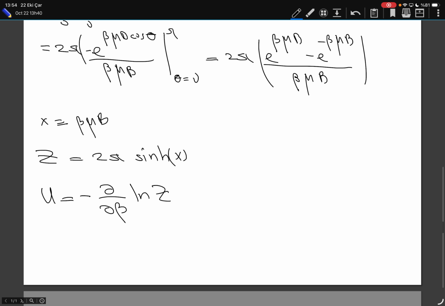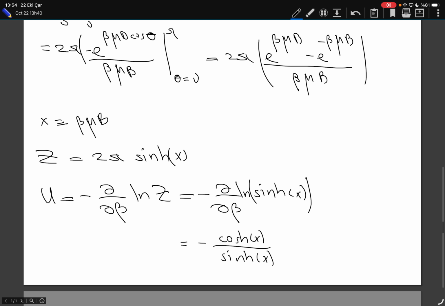This will be the average energy, which will be minus the derivative with respect to beta of the logarithm of sine hyperbolic x, which will be minus cosine hyperbolic x divided by sine hyperbolic x times the derivative of x with respect to beta, which will be mu times b.